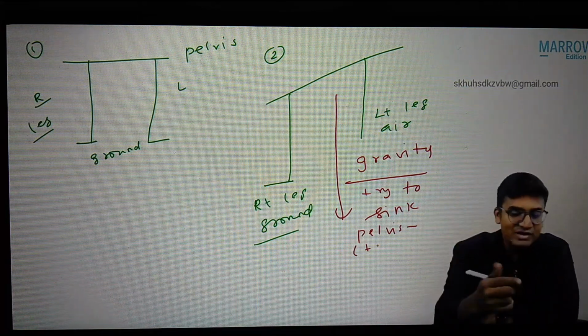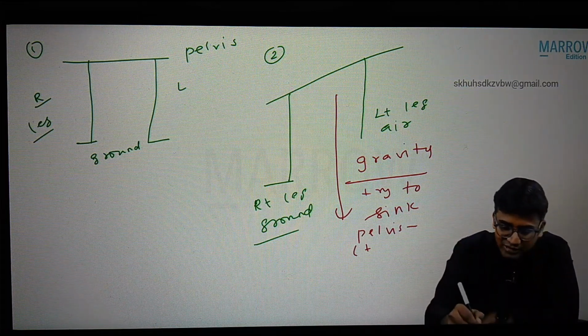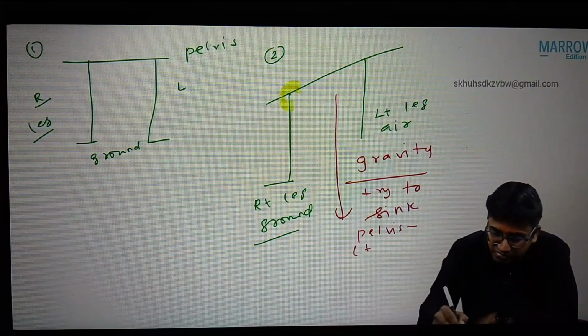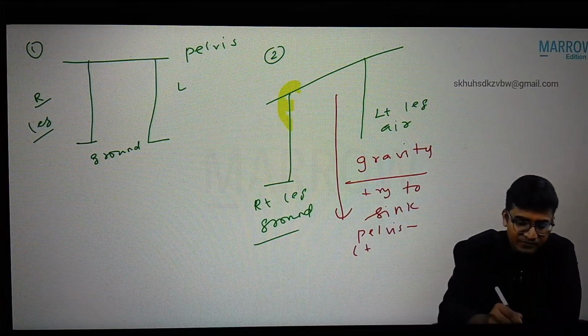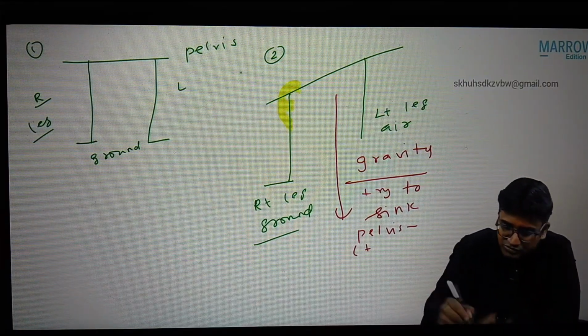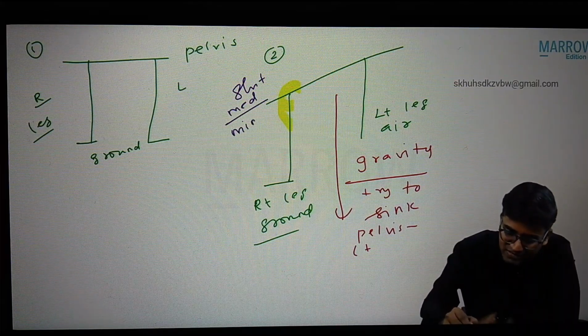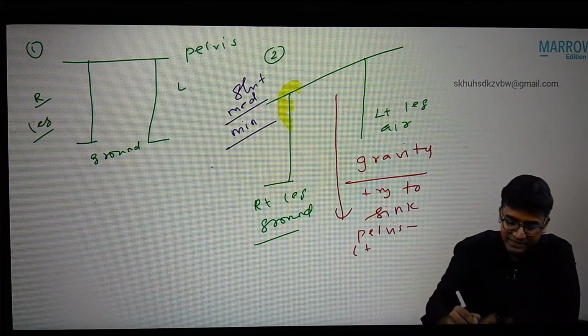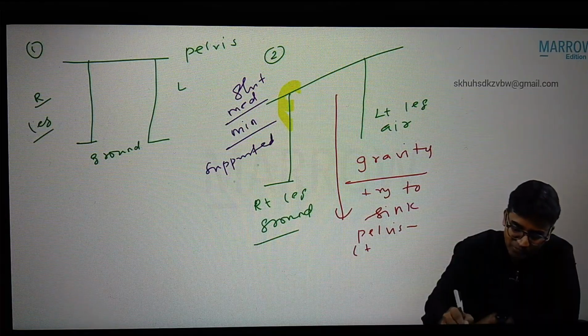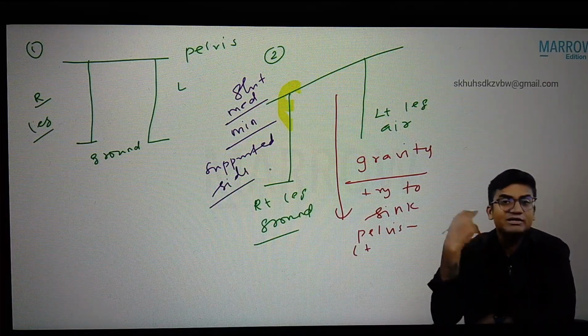Why, sir? Because we have muscles. What muscles, sir? We have gluteus medius and minimus muscles on the supported side. On the supported or right side, what do they do?